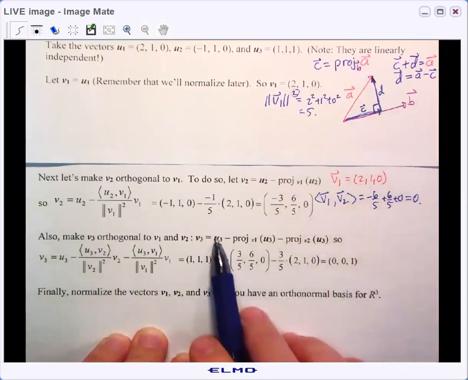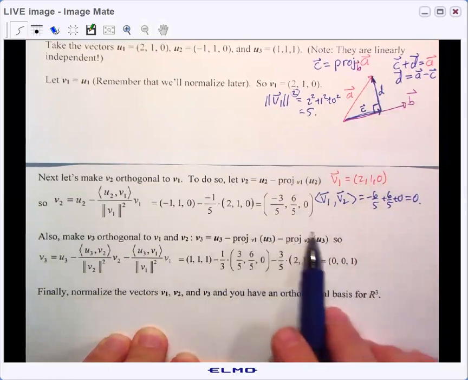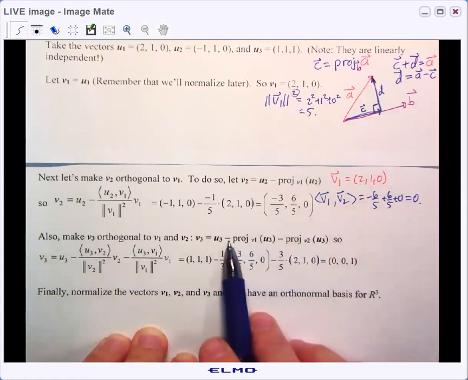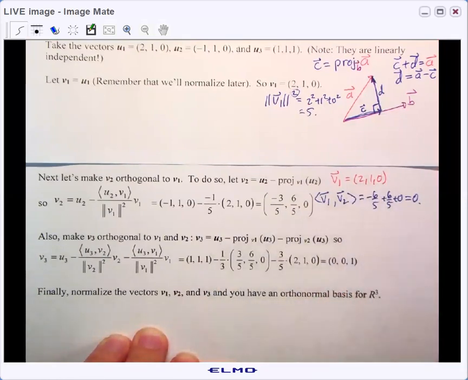We take our U3 vector, take away what's in the direction of V1, take away what's also in the direction of V2, and we'll end up with something that has to be orthogonal to both V1 and V2.